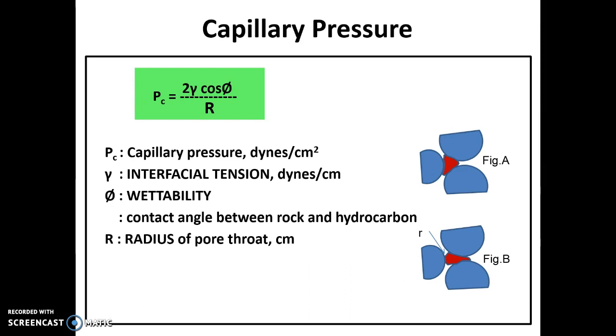Okay, and then wettability is actually expressed as the contact angle between the rock and hydrocarbon. So if the angle, right, is equal to 1, it is for water-wet rock, and also represents a rock that has as much as 25% of oil-wet surface, right? Next, the third factor is the radius or the diameter of the pore throats, right?